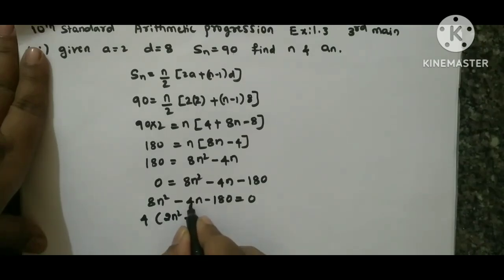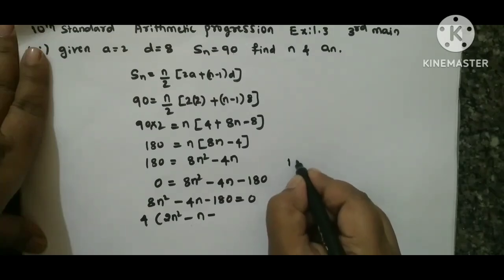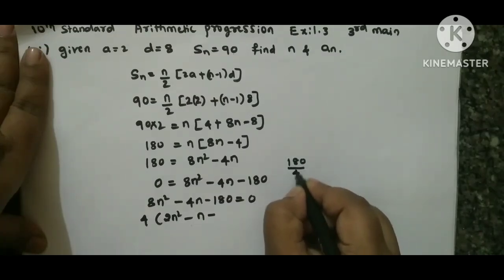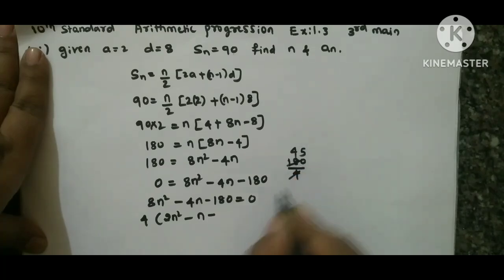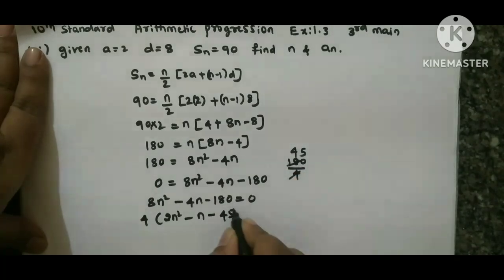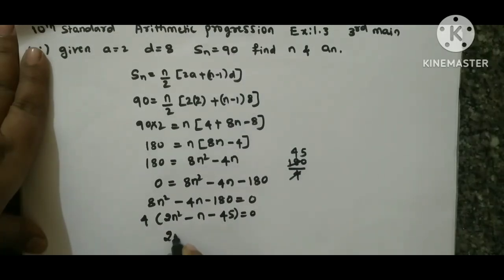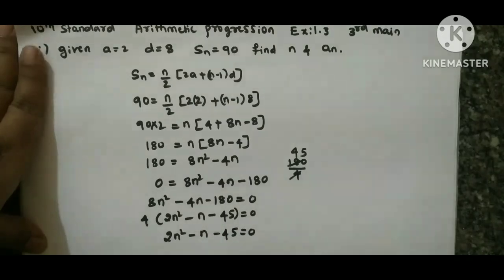And here if you divide 4n by 4 we get n. Here 180 by 4, 4 ones are 4, 4 fours are 16, 2 remains, 20, 4 fives are 20. So what we get here is 45, equal to 0. If you transfer this 4 here, 0 by 4 will become 0 only. So the equation we got is 2n square minus n minus 45 equal to 0.